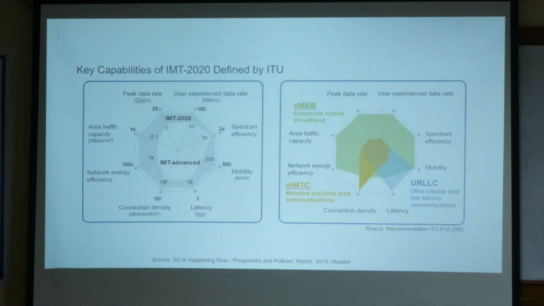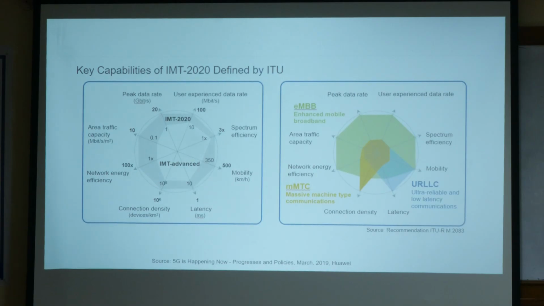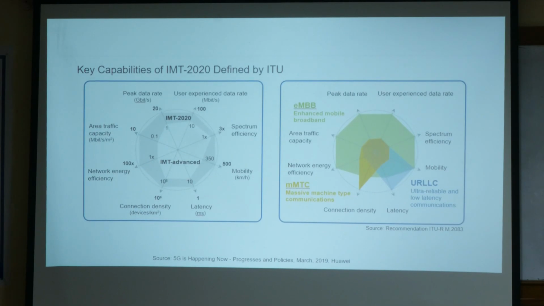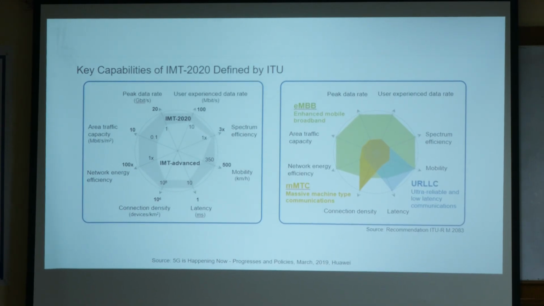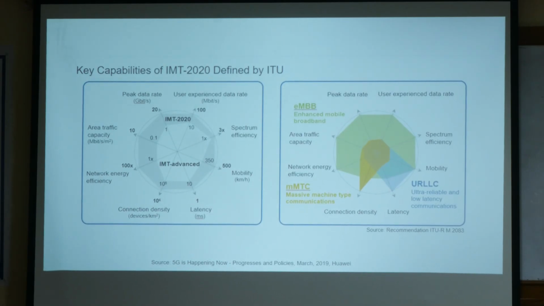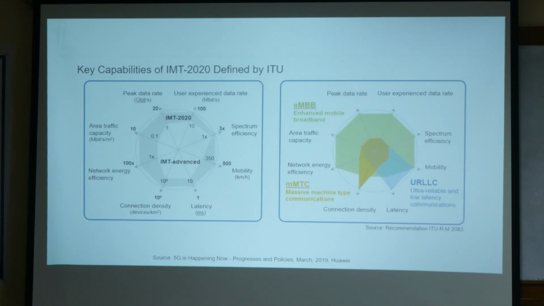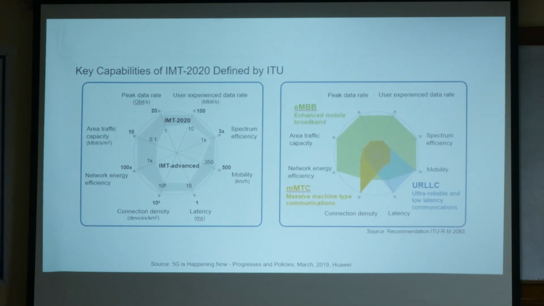So this is again the 5G network architecture, and this is the ITU definition only, it is not mine. You can see that the base station can cater to three needs.